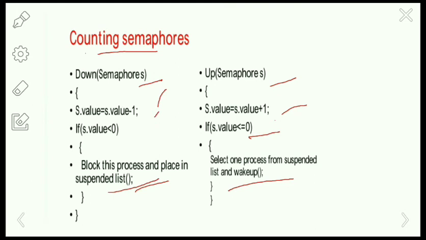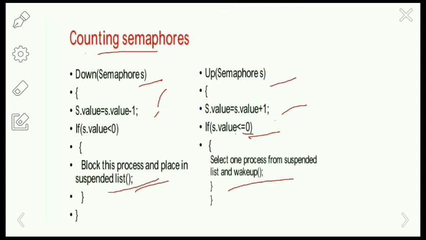That means if the semaphore value is 0 or any negative value, then we are going to select one of the processes which is in the suspended queue, and we are going to wake up the sleeping process. Or else if the value is positive, then we are going to increment the value by 1.